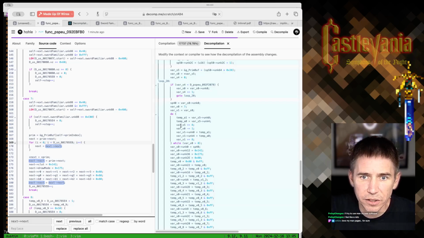So the decompiler comes up with a very different loop here.